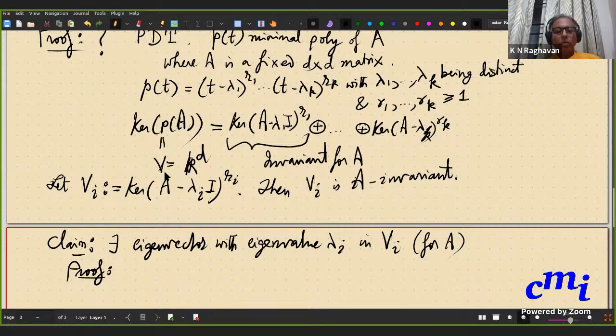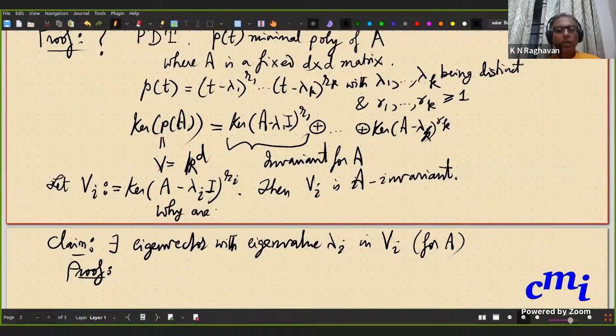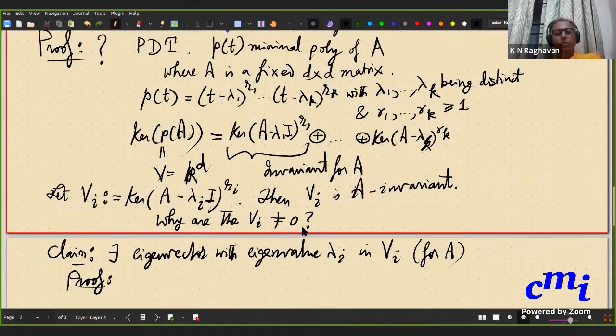By the way, let me ask you another question. Why are the Vi not equal? Why shouldn't this be 0? What happens if this were 0?